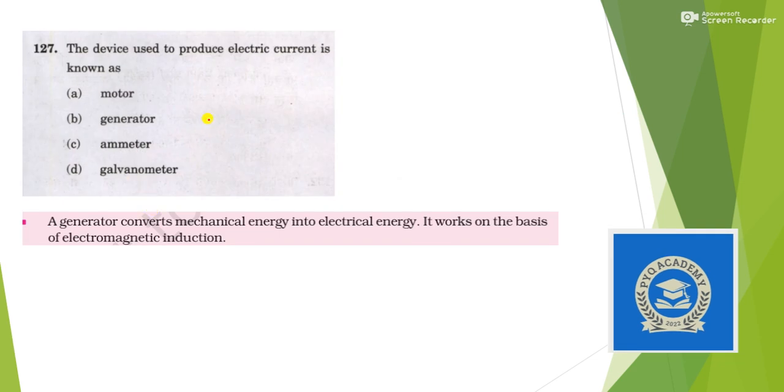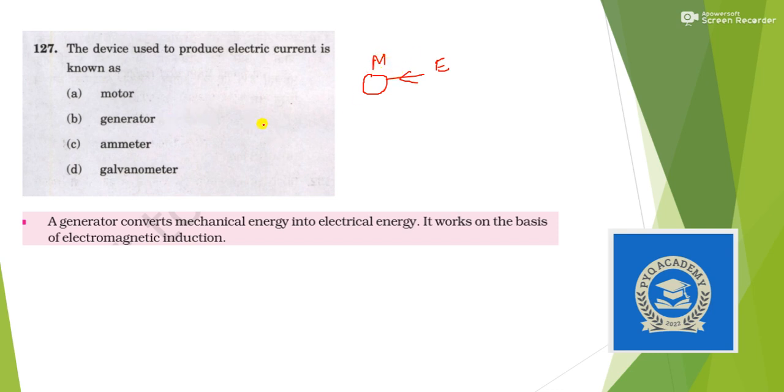Next question is: the device used to produce electric current is known as? Let's go through each and every option. First, motor. What happens in a motor? Suppose this is a motor. It needs electrical energy, which is converted into mechanical energy.